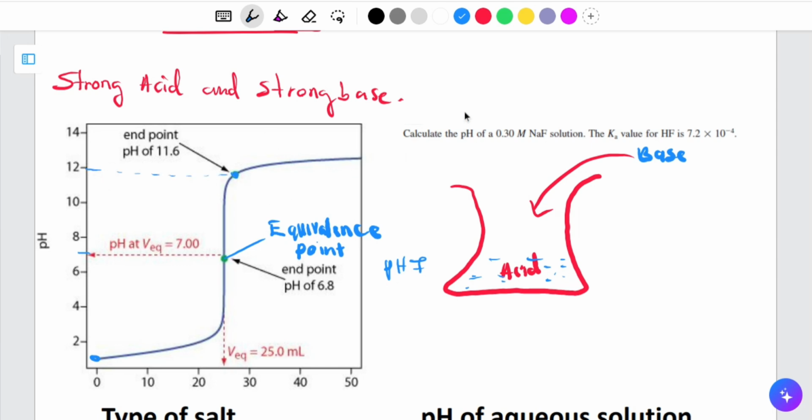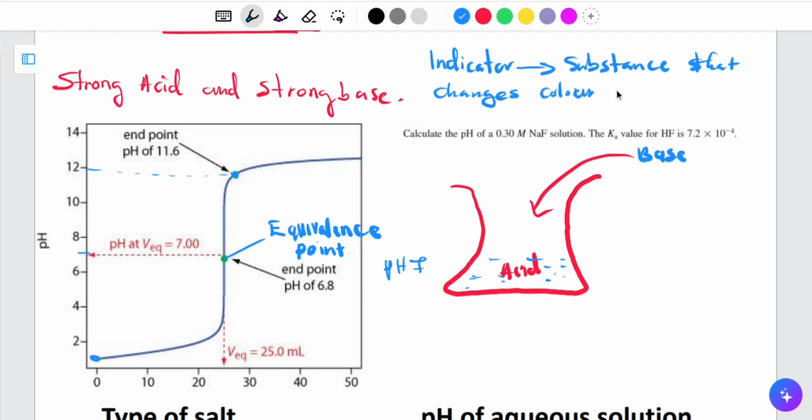When you talk of an indicator, what is an indicator? An indicator is a substance that changes color upon reaching a certain pH.